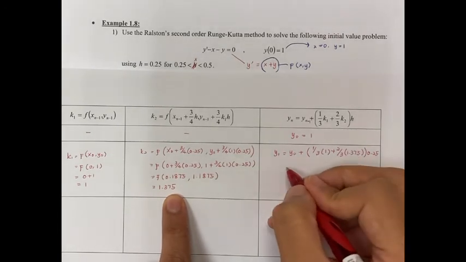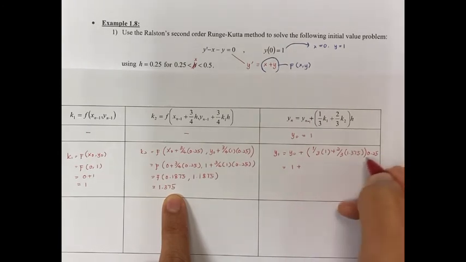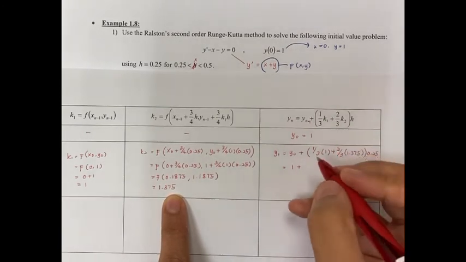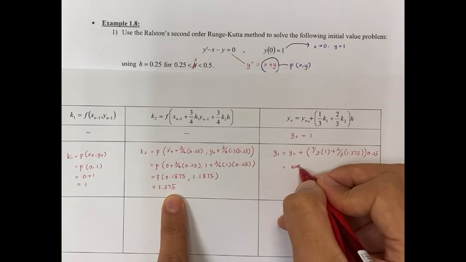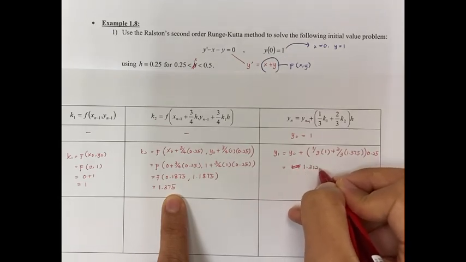So y0 is 1 plus, substitute these values, and I will just give you the last answer. This is 1.3125.